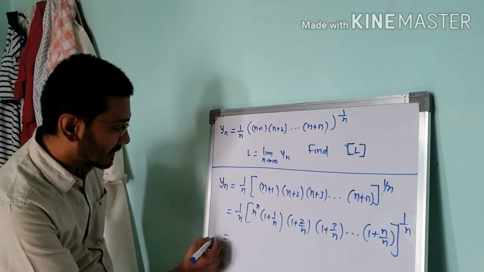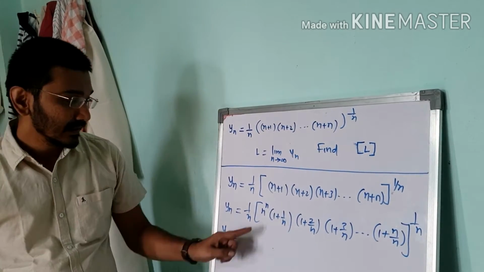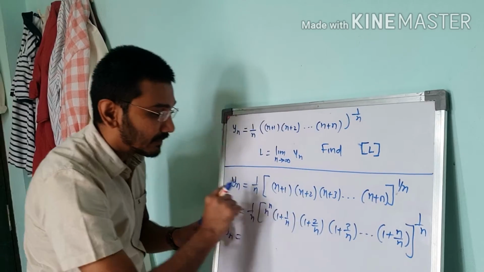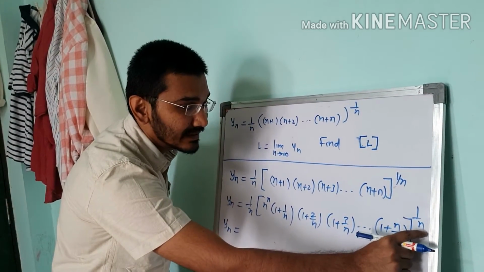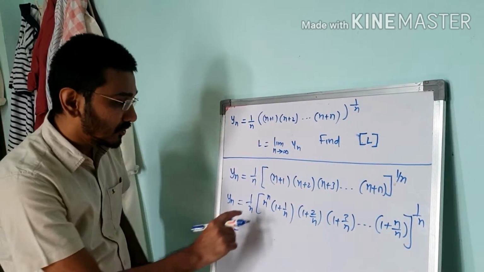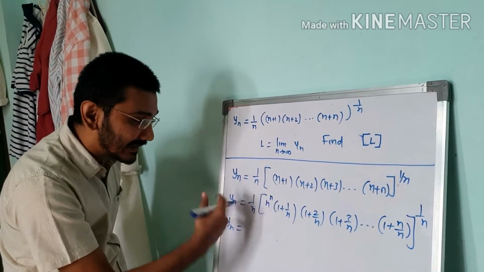Now look at this, the yn we are calculating. This 1 by n power is for each term which are in multiplication. So when I take n raised to n with power 1 by n, this n and this n get cancelled and I get n. And that n, when divided by n, gets cancelled.